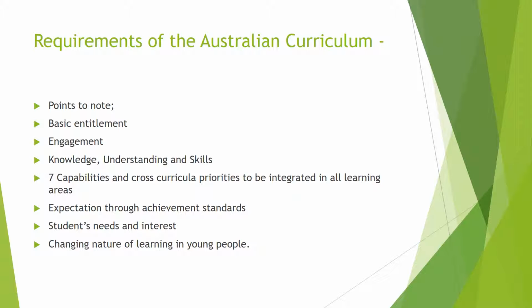Below are points to note with regards to the Australian curriculum. More information can be obtained from the ACARA website. It is a basic entitlement of every young Australian to receive knowledge, understanding, and skills so that they can be engaged in endeavors that provide a foundation for successful and lifelong learning and participation in the Australian community.